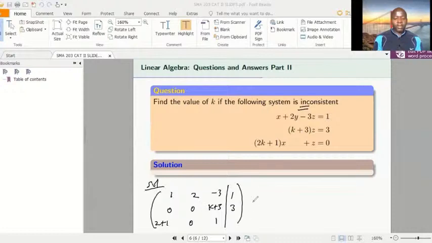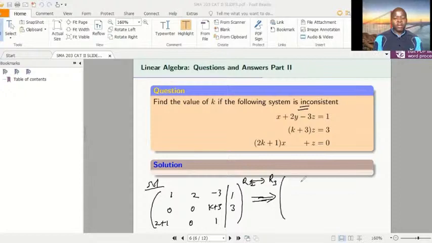What I want to do is interchange row 2 and row 3, even before making the entry a 0, and let's see how the matrix looks.